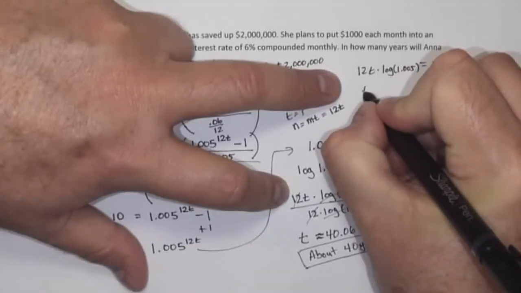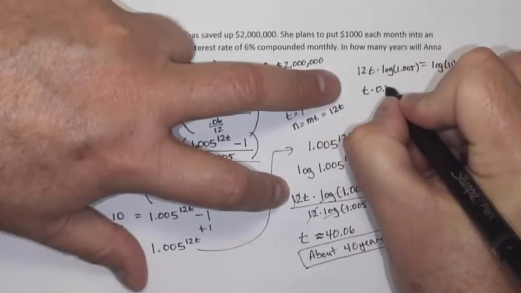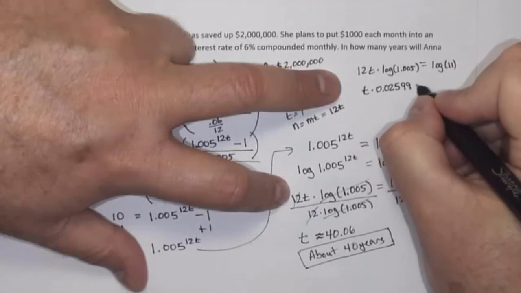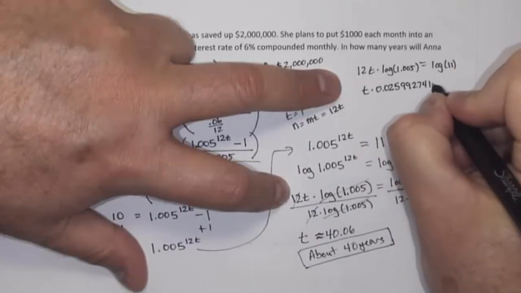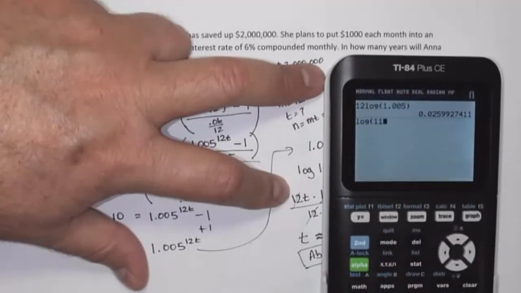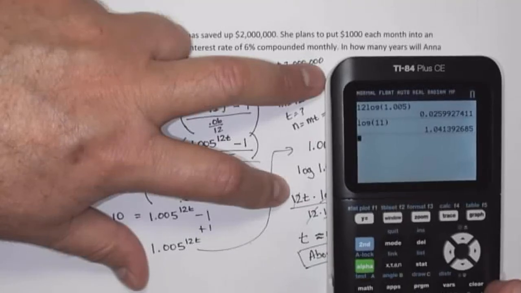So what I really have here is t times 0.025992741. And I could figure out that the log of 11 is 1.041392685.